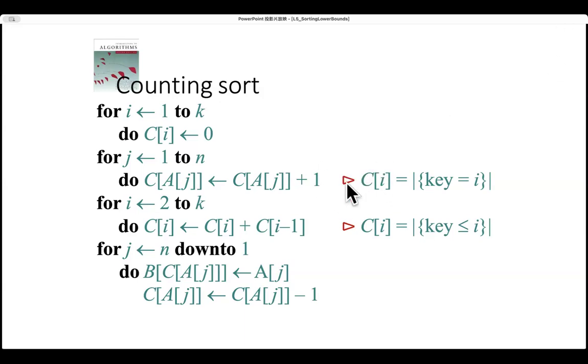It's very, very simple. And then the third and the fourth are probably a little bit difficult to understand. Let me use an example, and then I'll come back here.